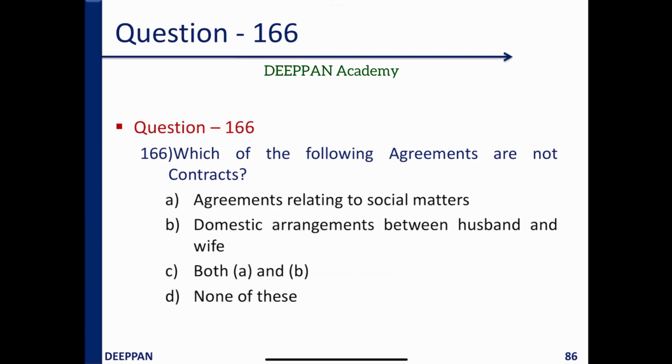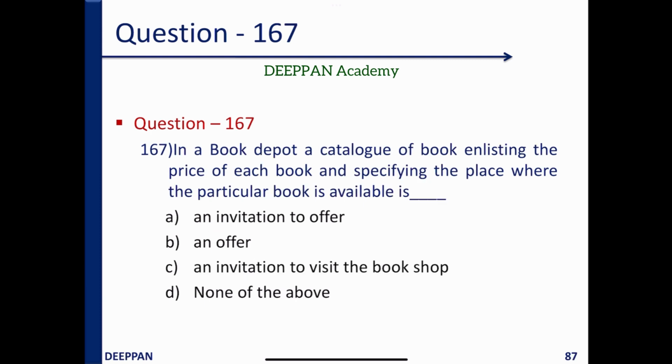Which of the following agreements are not contracts? Agreements relating to social matters, domestic arrangements between husband and wife, both A and B. In a book depot, a catalogue of book enlisting the price of each book and specifying the place where the particular book is available is an invitation to visit the bookshop.